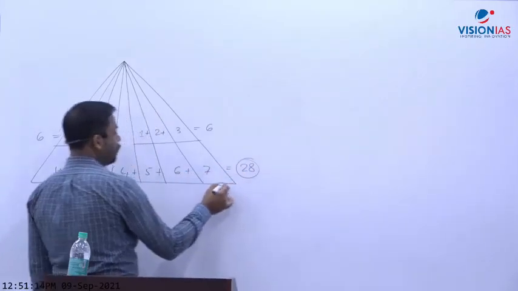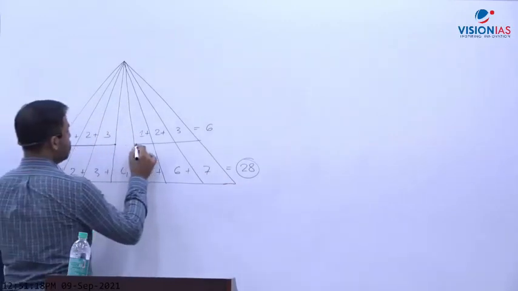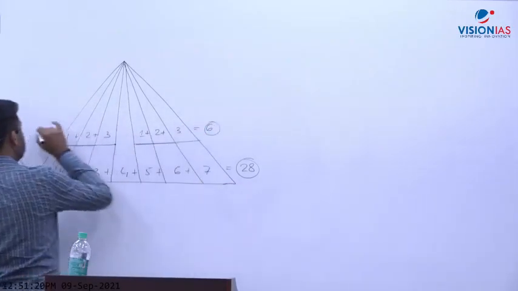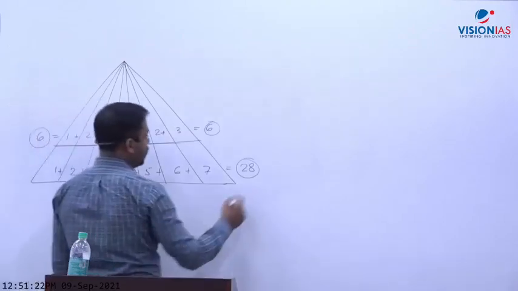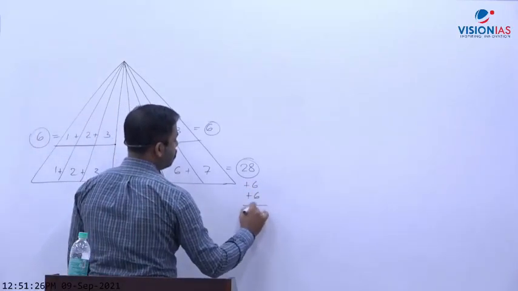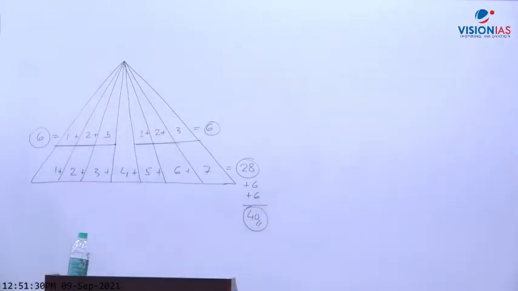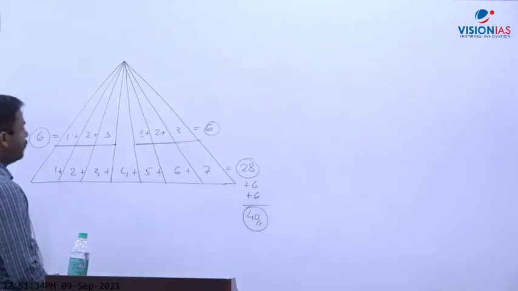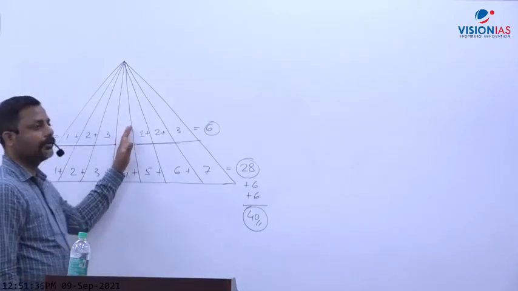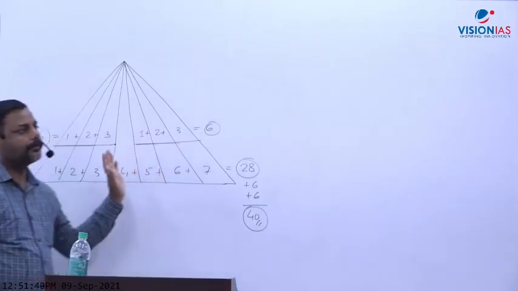So 28 are from the bottom baseline, and from the above baselines we are getting 6 and 6. Means 28 plus 6 plus 6, that is how much? 40 triangles are there in this figure. So whenever there is a discontinuation, we'll have to start the numbers again.